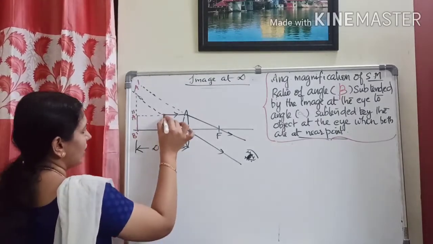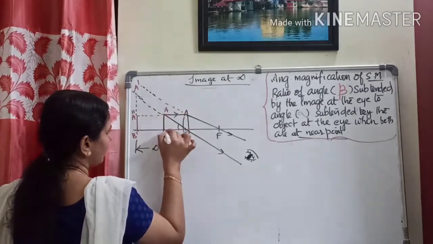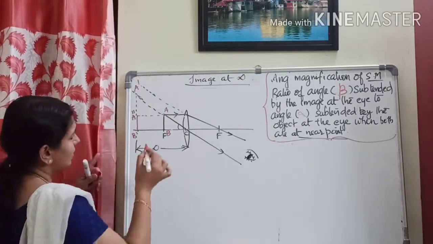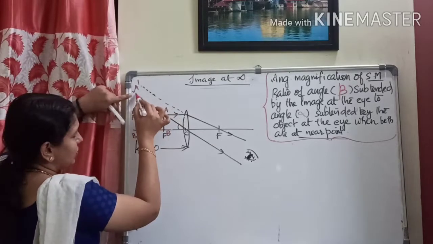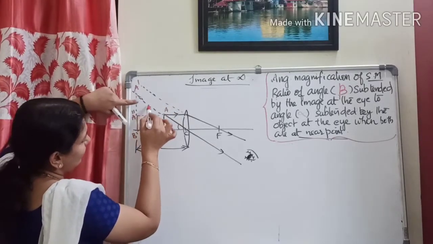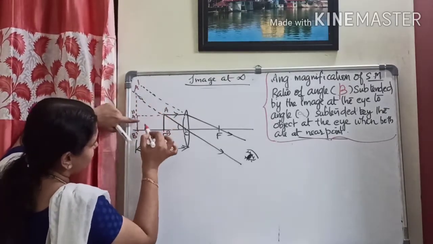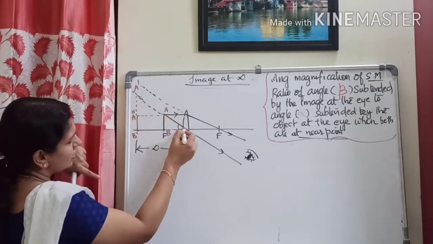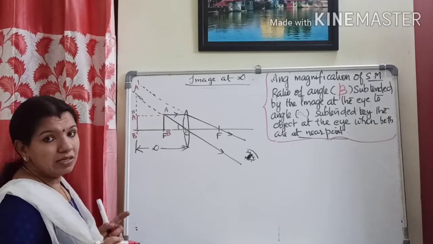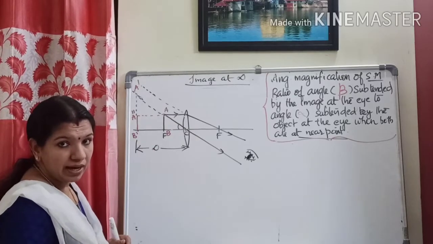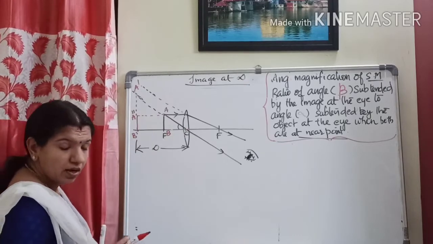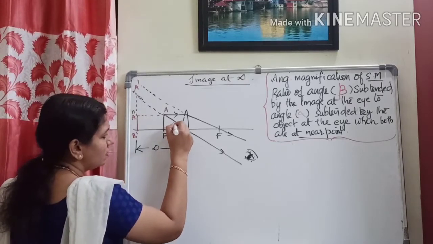Okay, now here A, B. Okay, now listen. This is the image, right? So anywhere if I am considering the image, this is the direction for the angle subtended by it on the human eye. This line, isn't it? Okay. So this is the angle beta.